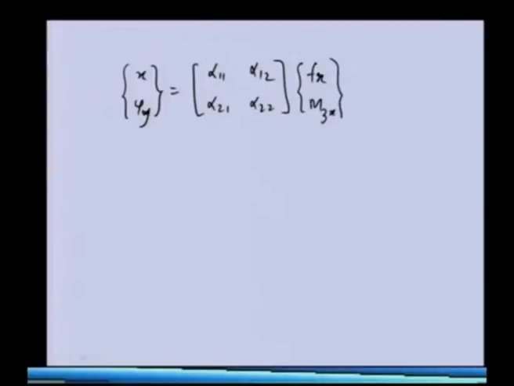So, we combine the two equations in one. For a simply supported beam, generally this influence coefficient matrix takes the following form.